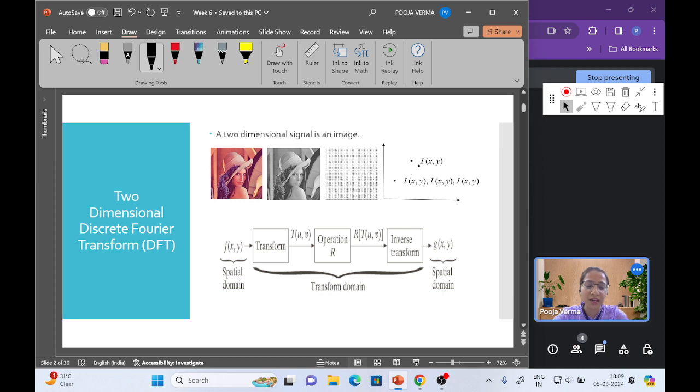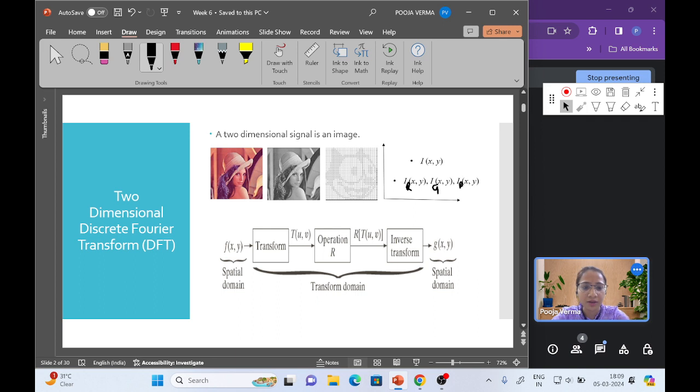Any image can be represented in the x direction and y direction, and an image is represented in terms of a matrix. For an RGB image, there are three values: R, G and B.